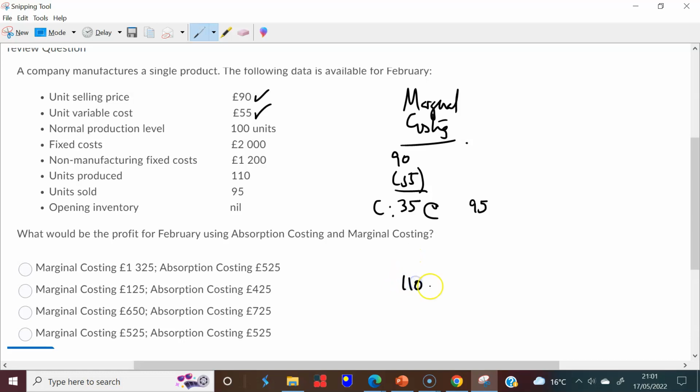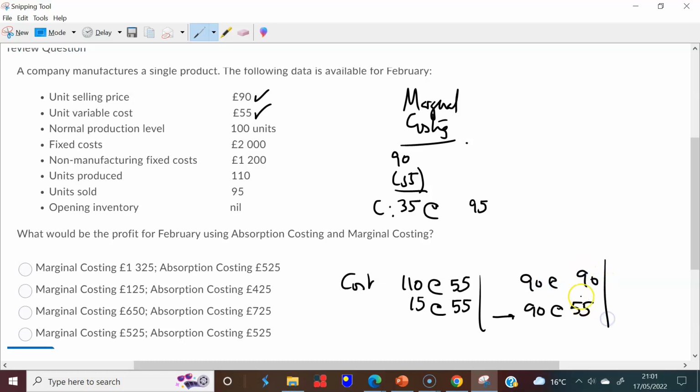Whether we say that your cost is you produced 110 at 55, and we deduct the 15 that you didn't sell at 55, you're still going to get the 90 units at 55, right? Because that's the cost of what you sell. But you sell those 90 units at 90. So it's the same discussion, really.